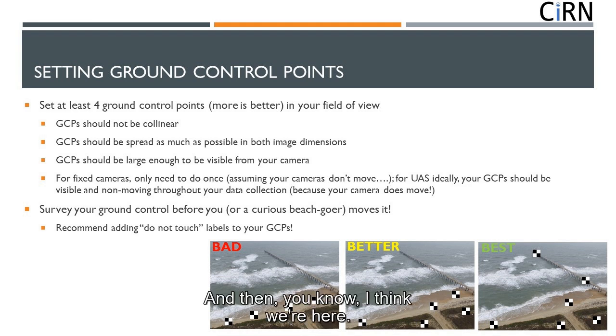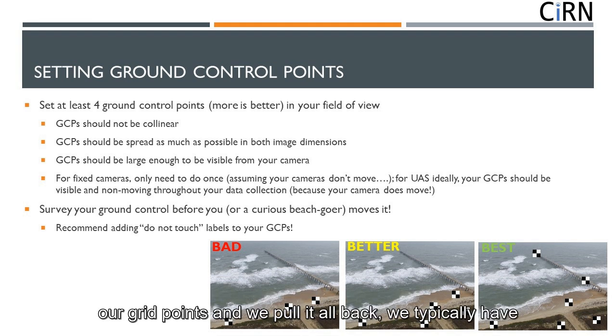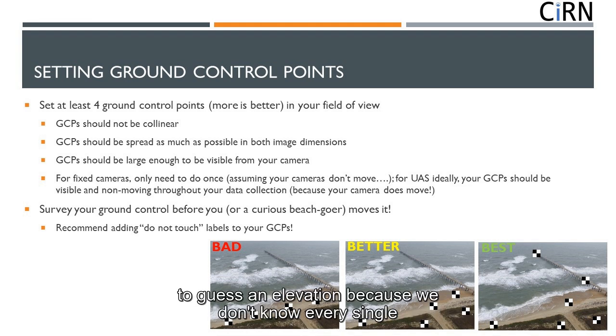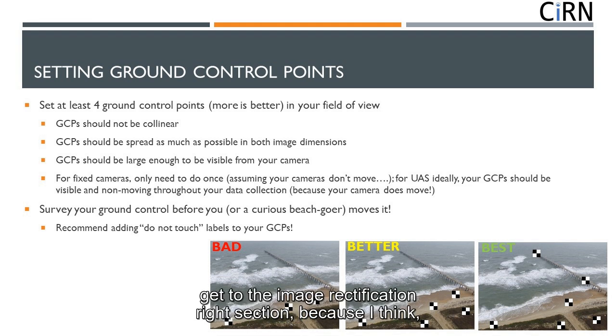And then I think what Hiro was saying is when we actually do make a projection, when we specify our grid points and we pull it all back, we typically have to guess an elevation because we don't know every single elevation of what we're looking at. So I think it'll be a little bit more clear once we get to the image rectification section.